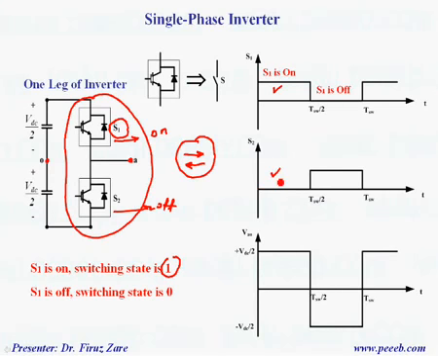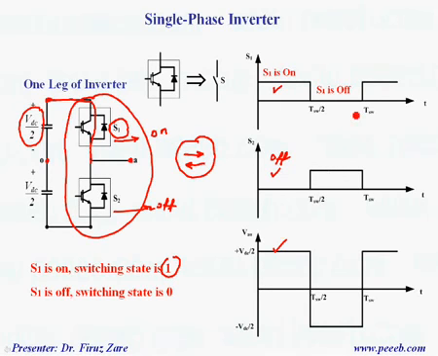So in this case S2 is off and S1 is on. So when S1 is on, this terminal is connected to this voltage. That means the output voltage is positive VDC over 2. That's why we have this voltage.